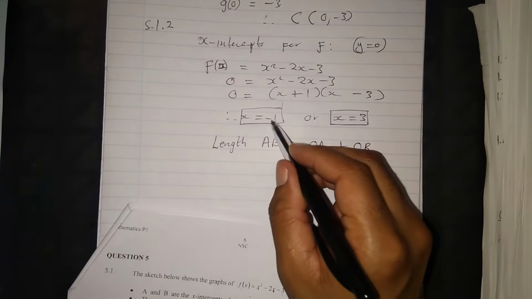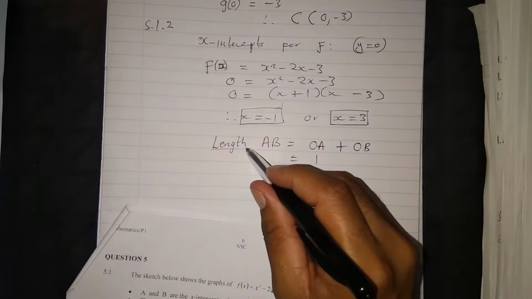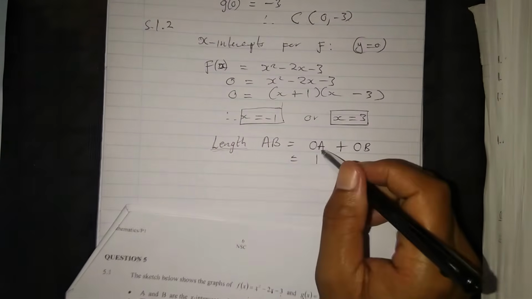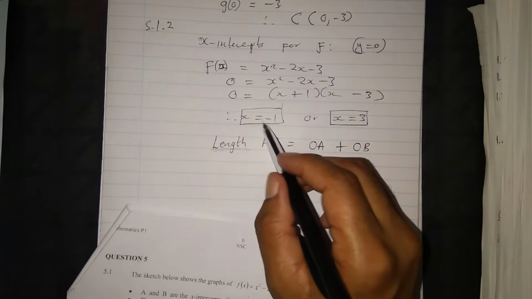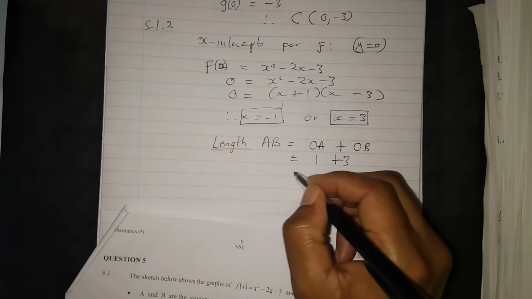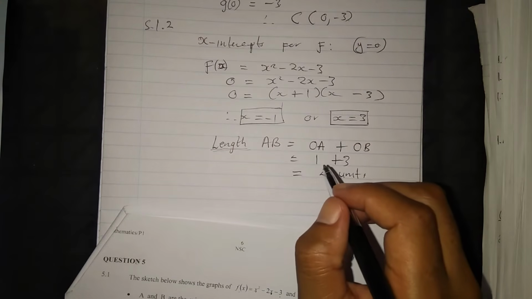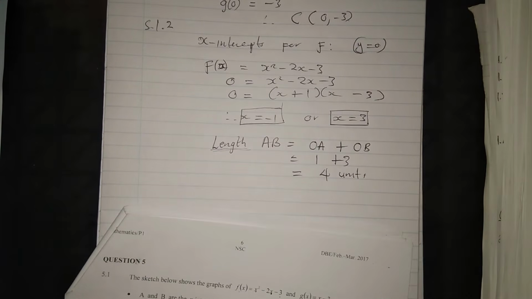I'm removing the negative sign, because a length is always positive. Plus 3. Our answer is 4 units.